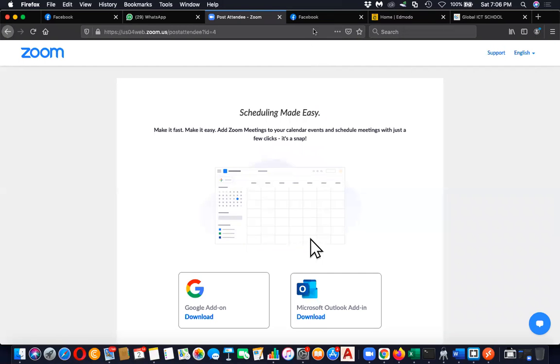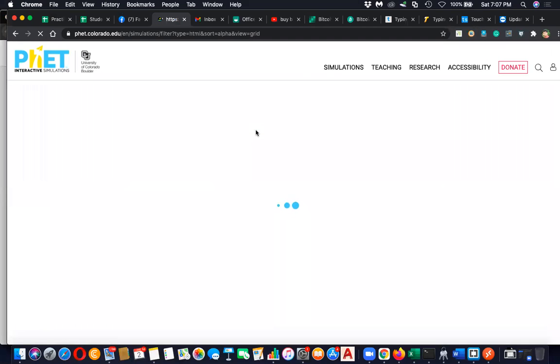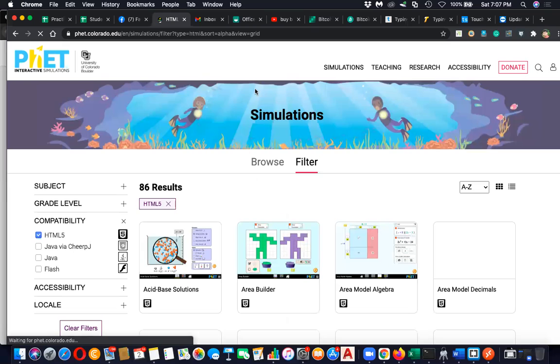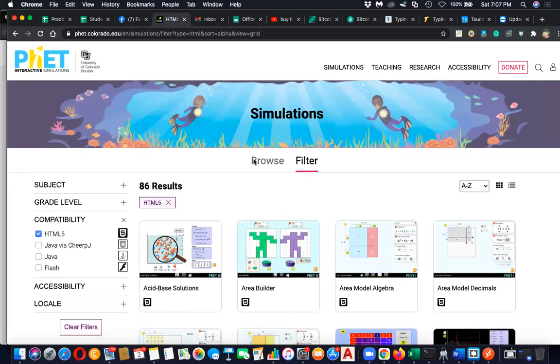So if you are doing that, please go through this website. I found this website very useful. Can you see my screen? Yes, sir. I found this website very useful if you are doing mathematics or any chemistry or physics related subject.